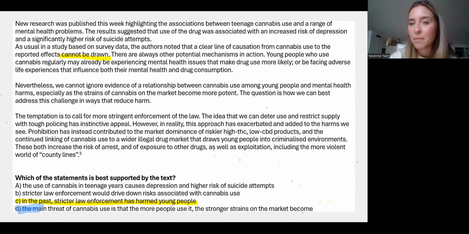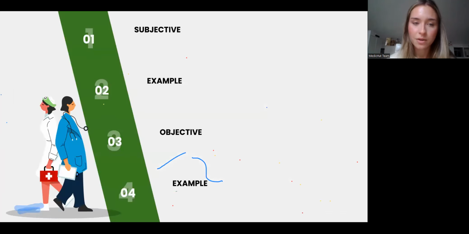I'm not saying this is a strict rule, but in your UCAT, sometimes when they do have a subjective statement, i.e. something which is quite opinionated, it's actually more likely to be false compared to something which is objective and quite factual. So in this case, the question is asking us which one of them is true, and the one which is quite objective, i.e. more of a factual statement, is the one that is true in this case. So really well done.